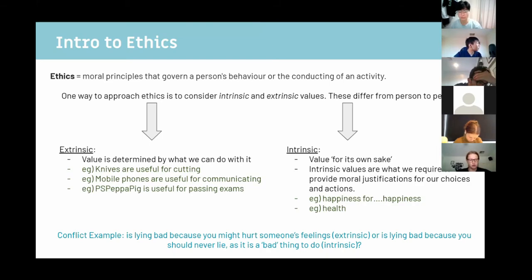These differ from person to person. Extrinsic values are values where the value is determined by what we can do with it. For example, knives are useful because they're useful for cutting, mobile phones are useful because they can be used for communication, and PSP Peppa Pig is useful for passing exams, hopefully.